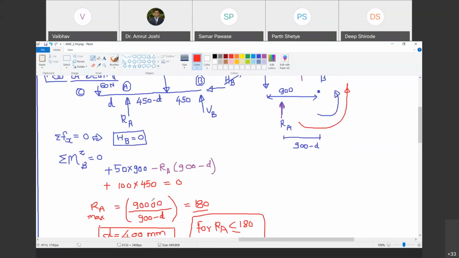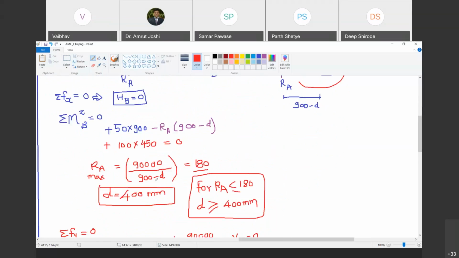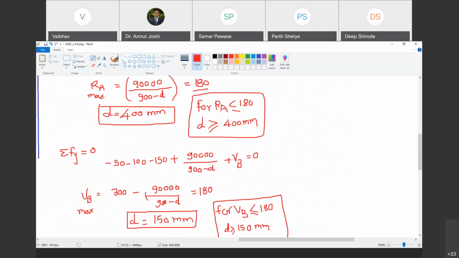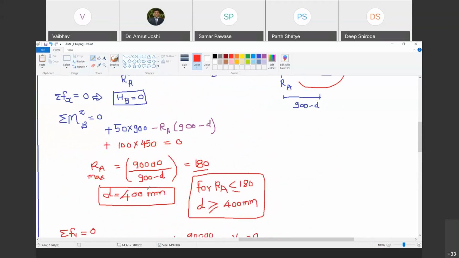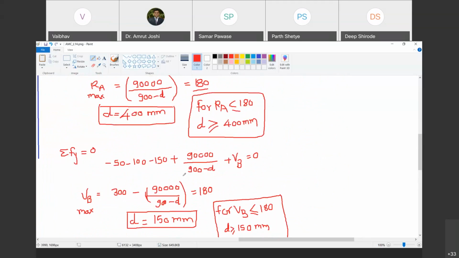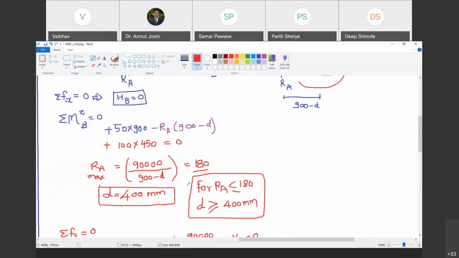Okay, where were we? Here. We did it right, didn't make any mistake, right? Sir, check once. Yes, say it. In the first one, D greater than or equal to 400.